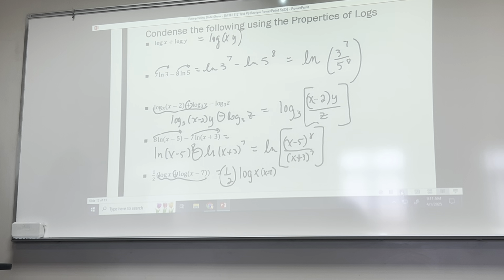And then the 1/2 will go back up in the power, right? Or I could have distributed the 1/2 to both. So then that will end up being log of what? X times x minus 7 to the 1/2 power, which is the same as the square root. Agreed? And that would be completely complete.